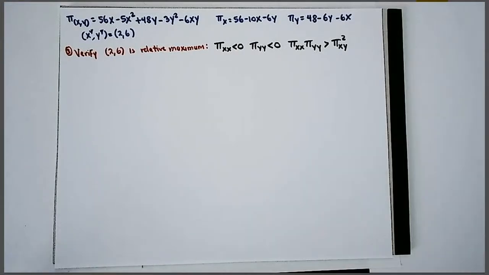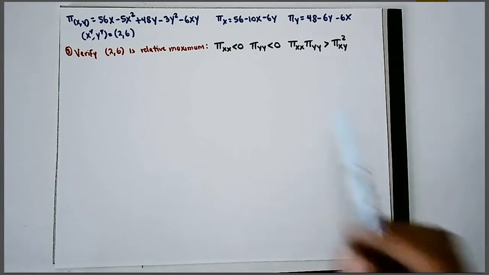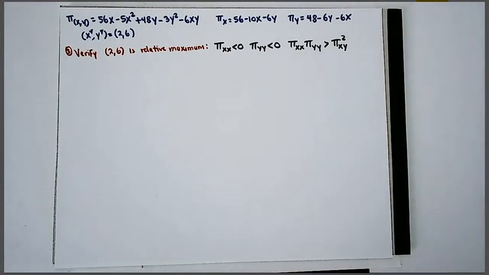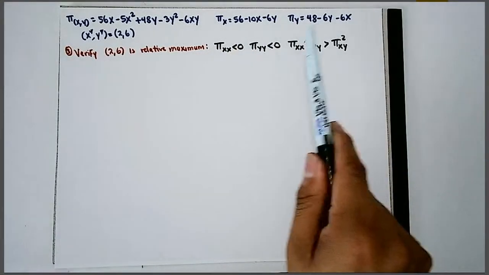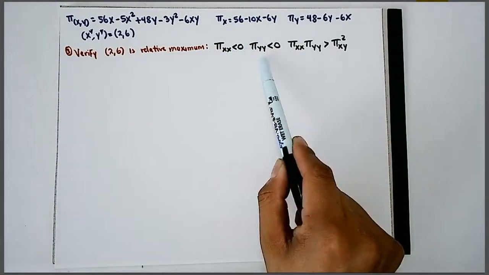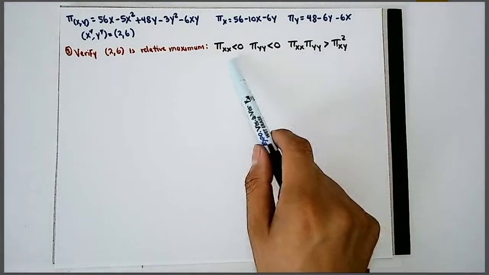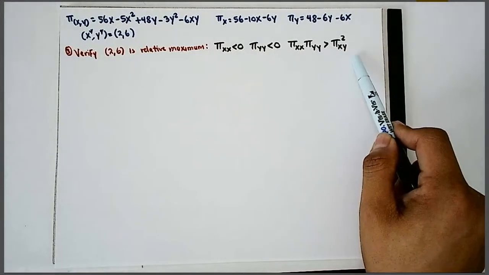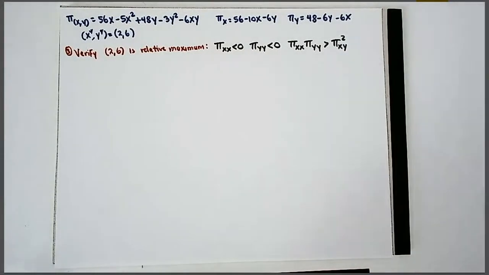Our next step is to verify that our critical point is a relative maximum. And remember that in order to ensure that, we need to satisfy the three requirements, in which the second partial derivative with respect to x and with respect to y both have to be less than 0, and then the multiplication of both has to be greater than the cross partial derivative squared.